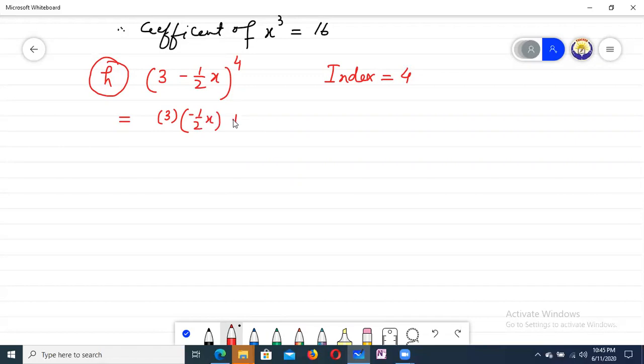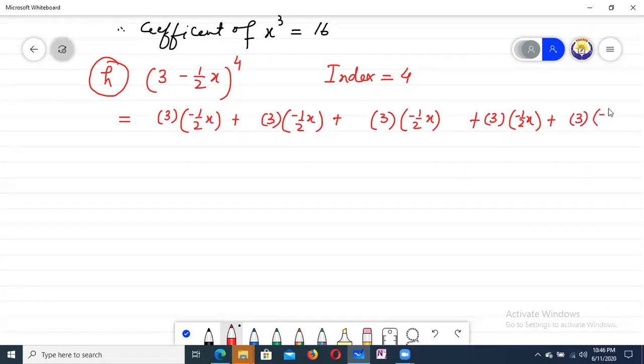This is the first term, plus again 3 into minus 1 divided by 2 into x, second term, plus again 3 into minus 1 divided by 2 into x, third term, plus again 3 into minus 1 divided by 2 into x, fourth term, plus again 3 into minus 1 by 2 into x. This is the fifth term. Total 5 terms, one more than the index.